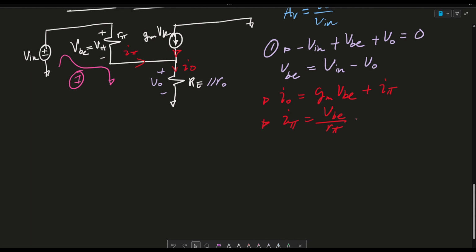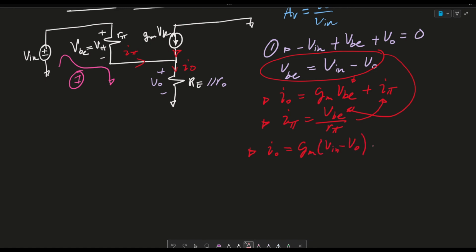So let me go ahead and sub this into here, and here, and here. Then we get that IO is equal to GM (V in minus VO) plus (V in minus VO) over R pi. So I hope that makes sense.